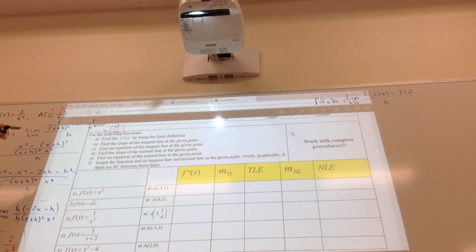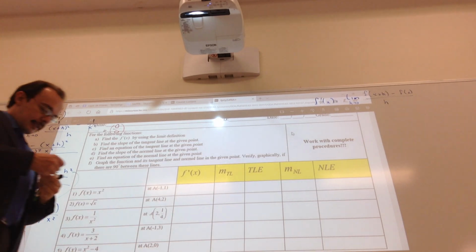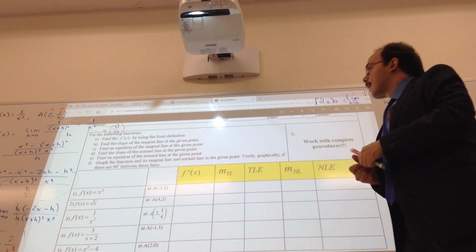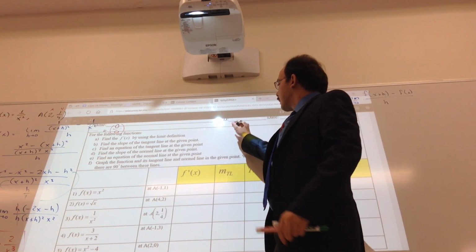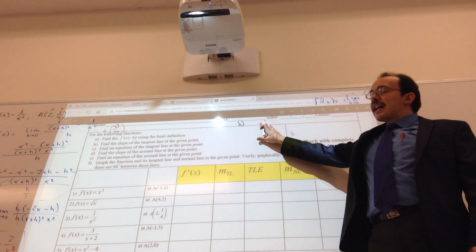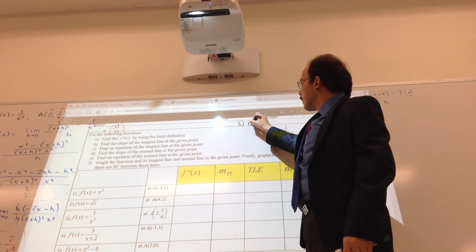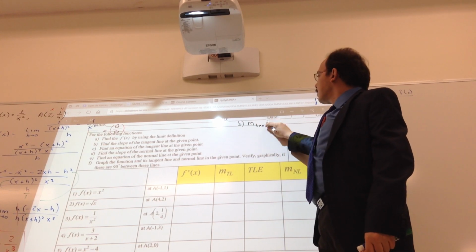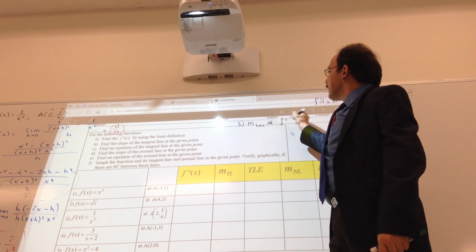So, to find the slope, I put the x where? In the formula of one over x squared. No. To find the slope of the tangent line, remember, we're going to substitute in the derivative.